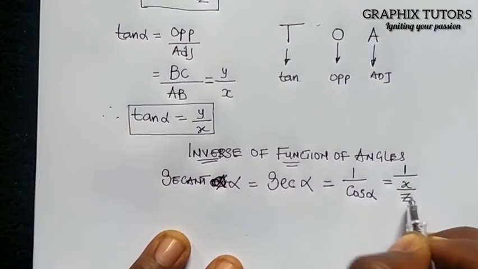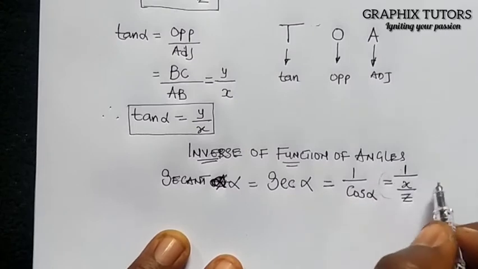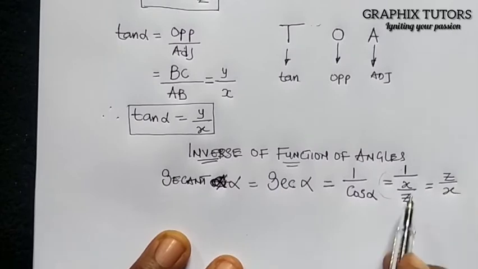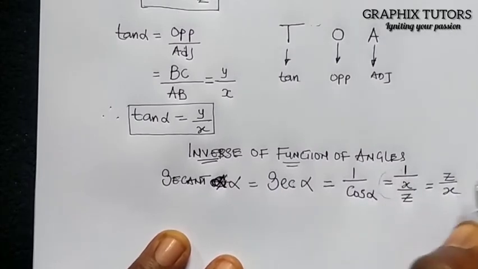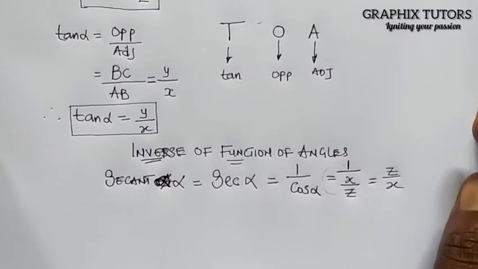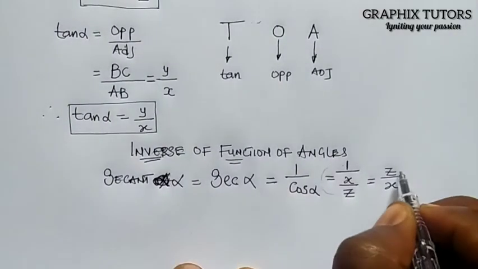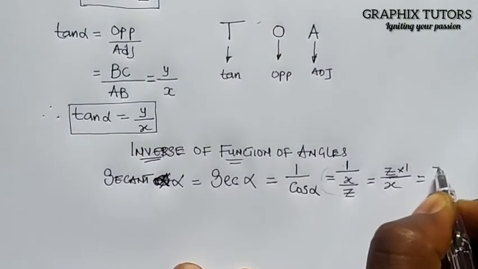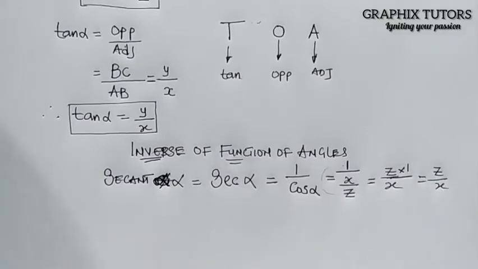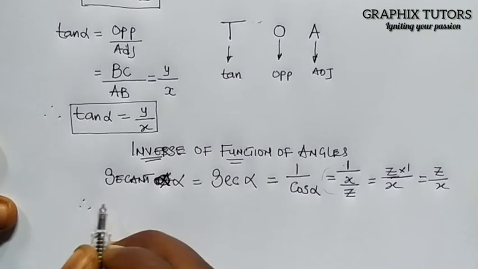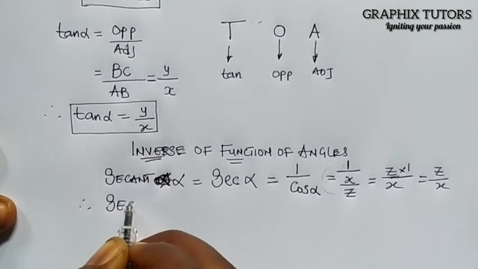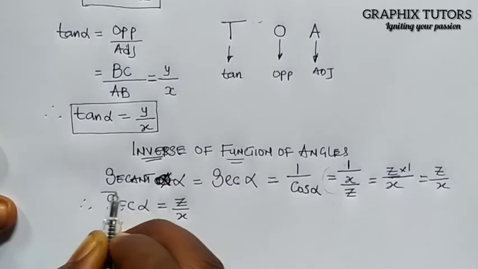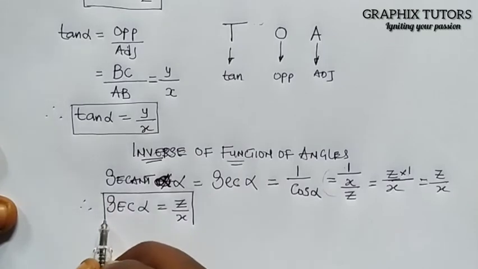X over Z. So it's inverse, so this guy will come up to be having Z all over X. So the Z is coming to multiply this way to be Z times 1 all over X, and that will give me Z over X. So therefore we say that our sec alpha is equals to what? Z all over X. This is what you need to understand.